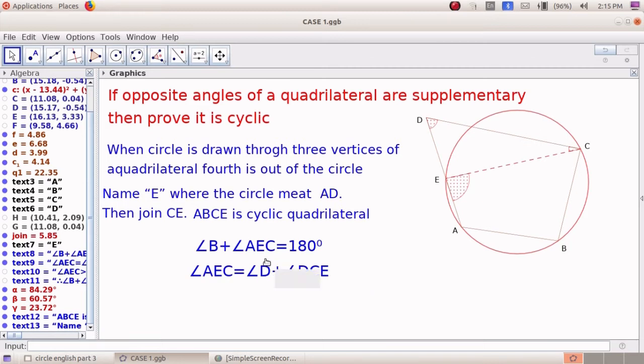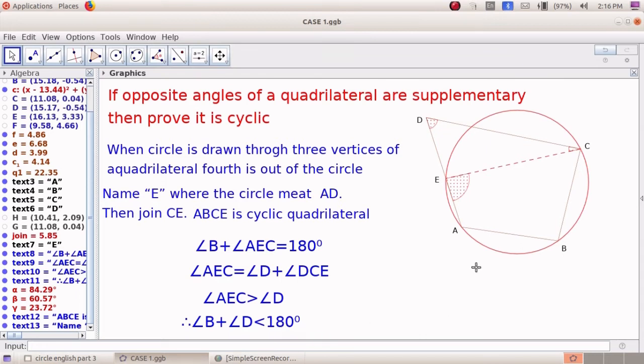Let us take angle D, therefore angle AEC will be greater than angle D. We see this angle will be definitely greater than this D. Okay, and so in this equation where angle AEC stands, if we substitute a lesser quantity, angle D, which is less than angle AEC, the sum of angle B and angle D will be less than 180 degrees. See, that means the sum of these two angles will be less than 180 degrees.